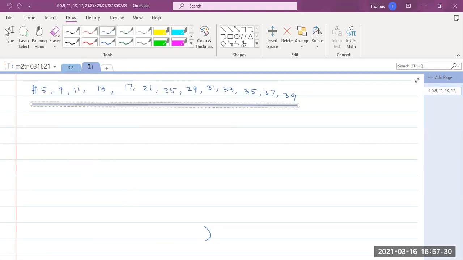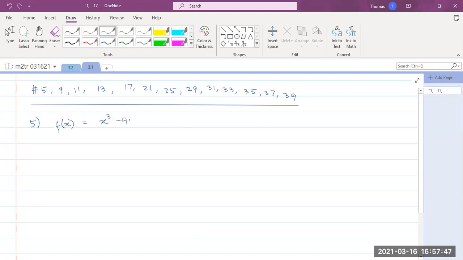3.1, number 5. Use intermediate value theorem to show that f has a 0 between a and b. Okay, let f(x) equal x cubed minus 4x squared plus 3x minus 2.